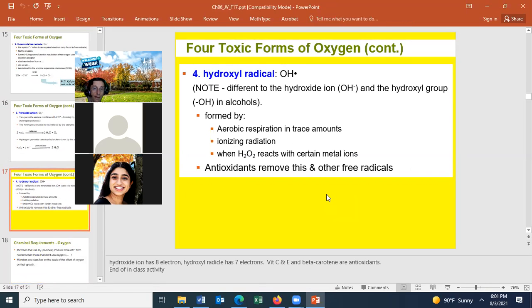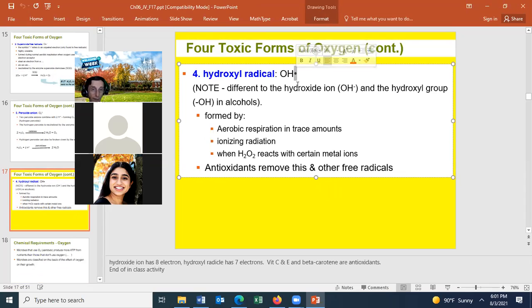The fourth toxic form of oxygen is the hydroxyl radical. This is similar to the hydroxide ion, but that will be OH negative with a negative charge. The hydroxyl radical is OH with the free electron.